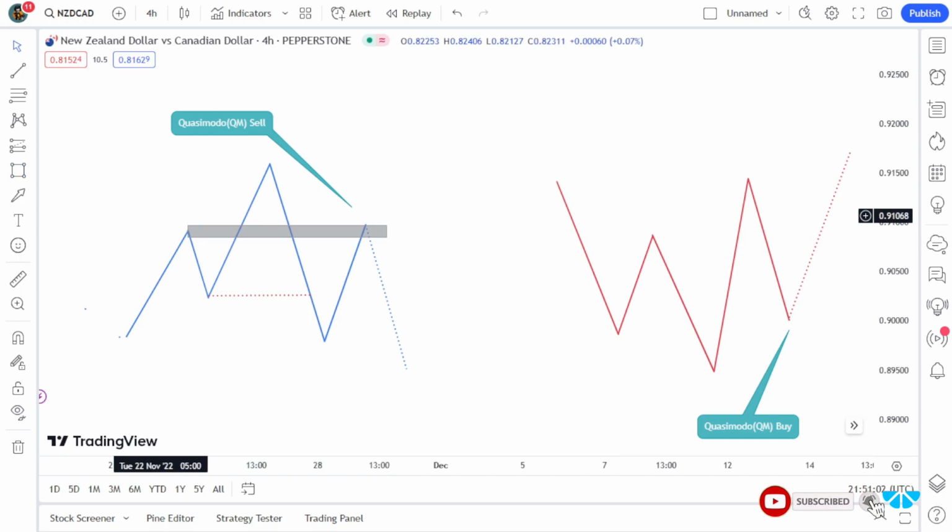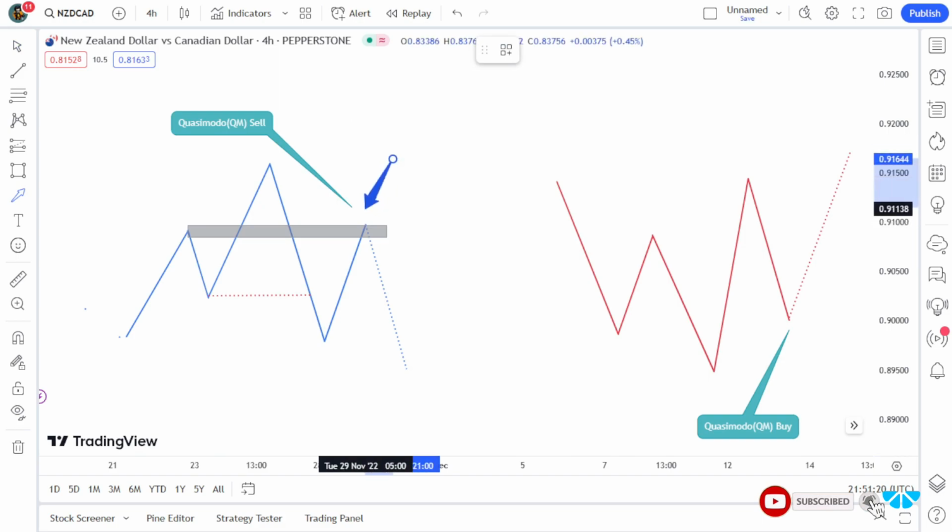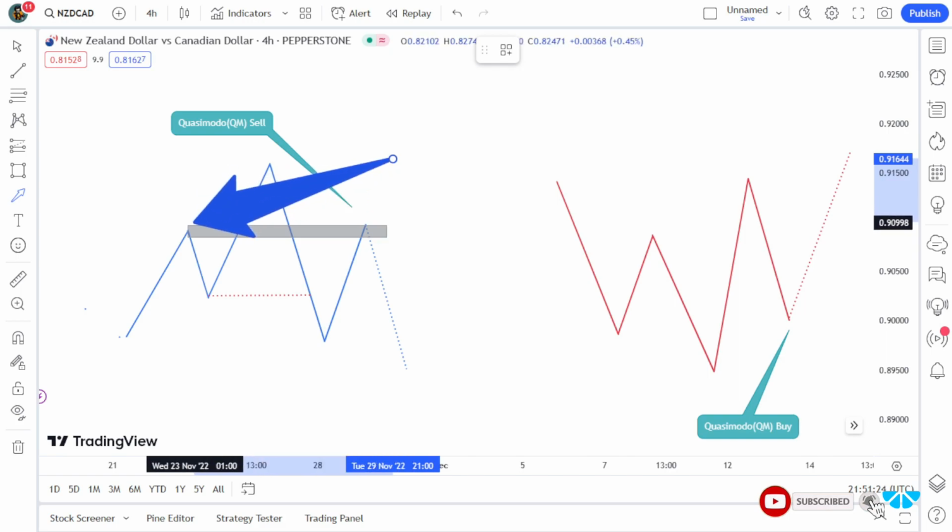Mind you, the Quasimodo pattern has two valleys and three peaks, whereby the middle peak is the highest, always the highest, while the second peak, which is this one, the second tip is not always exactly with this peak.